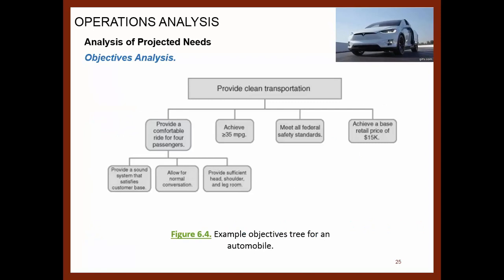So here I start with provide clean transportation. For me to be able to do this, I need to focus on clean and transportation. So clean in the sense of achieving a better performance, miles per gallon. And then in terms of transportation, it has to meet all the safety standards from the federal government, and it has to provide a comfortable ride for 4 passengers.